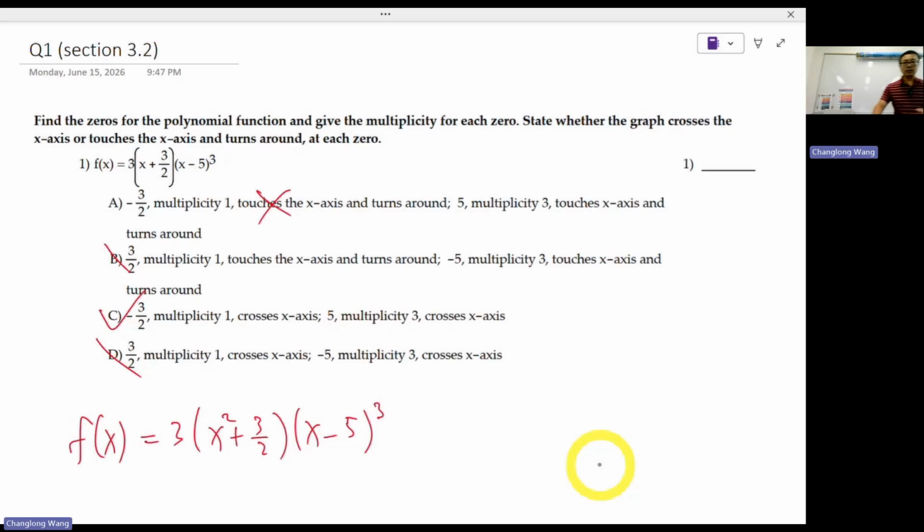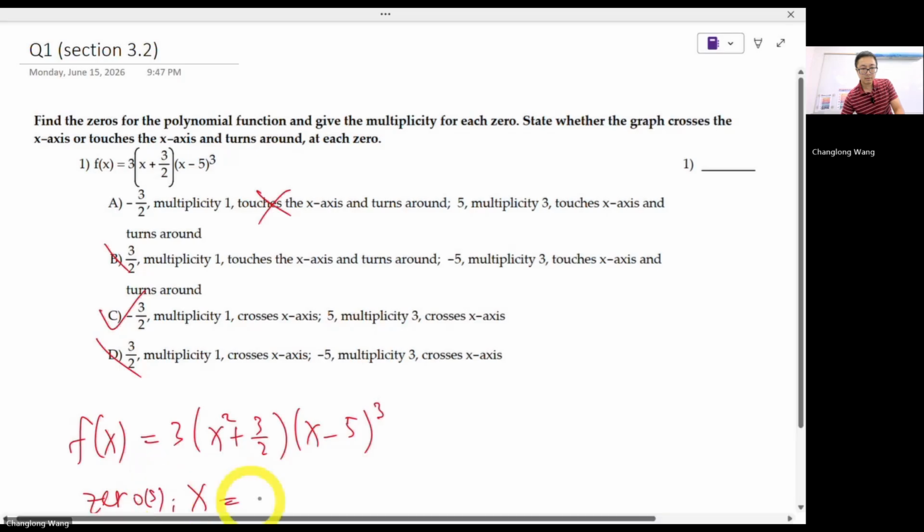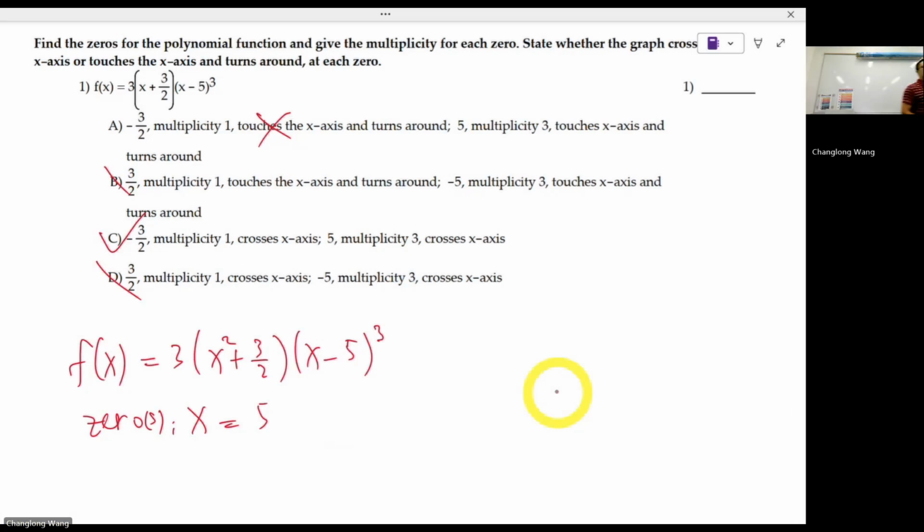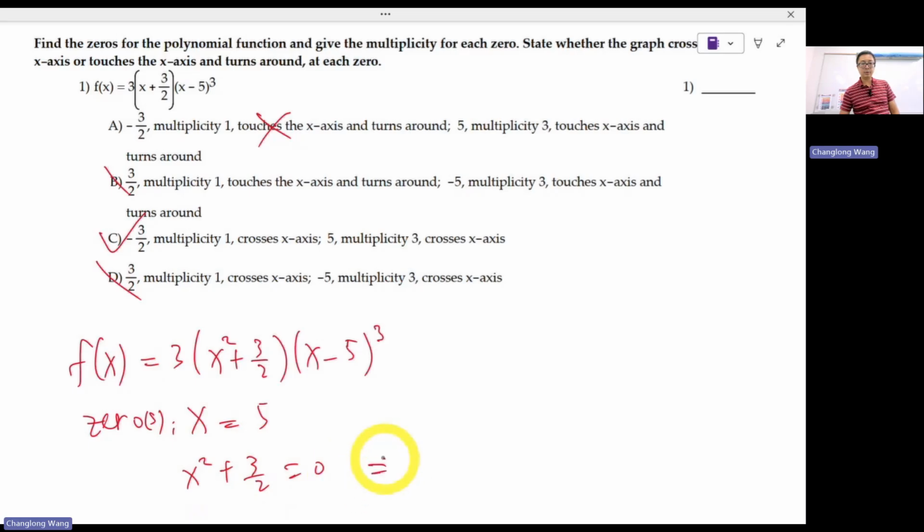Everyone agree that there will be a zero at 5. But are we getting zeros at plus or minus the square root of 3/2 anymore? No. Because if you set x squared plus 3/2 to 0, there's no real solution, because x squared is -3/2.